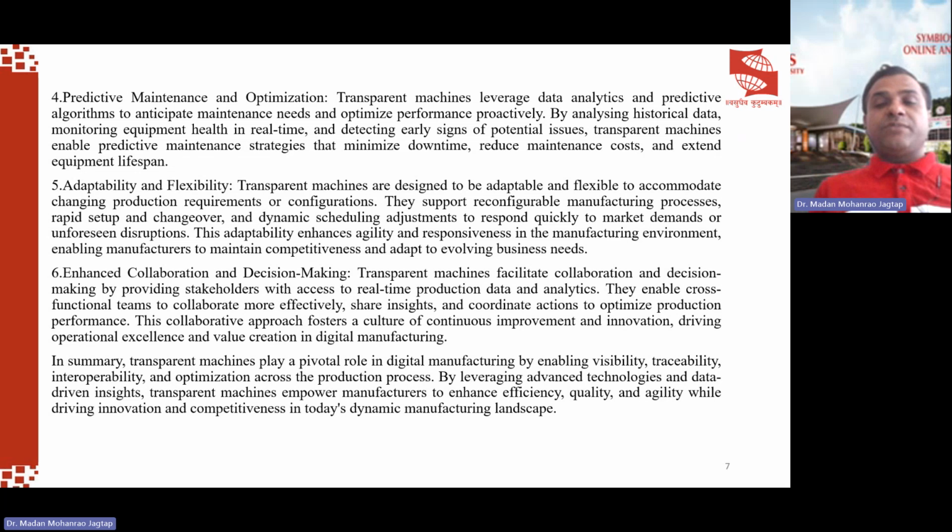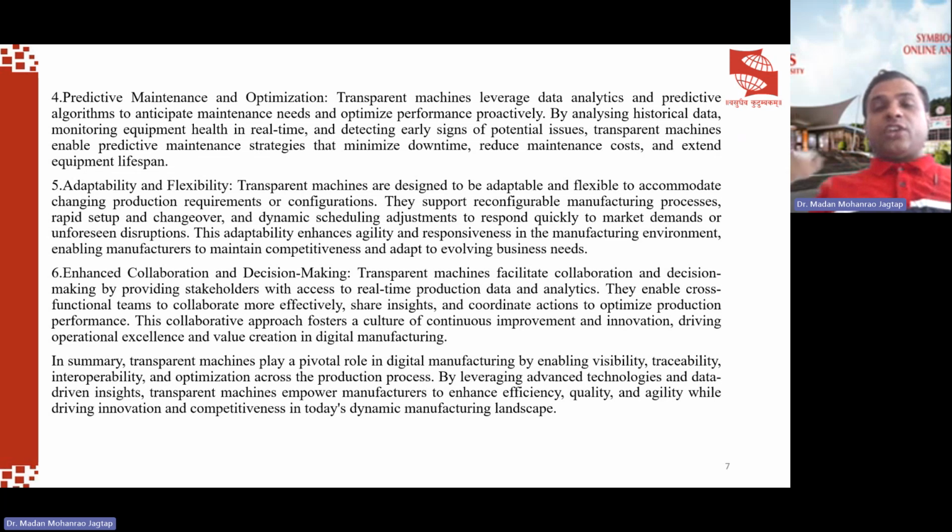Transparent machines facilitate collaboration and decision making by providing stakeholders with access to real-time production data and analytics. They facilitate collaboration between two sections of the organization, and they can take a decision. So here the stakeholders are connected with the manufacturing organization.